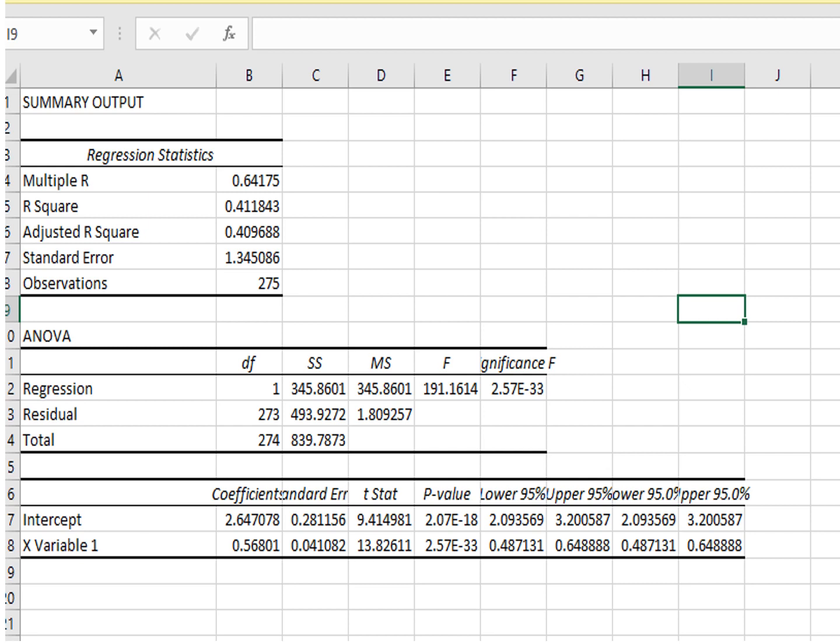Now, is this a significant relationship? Is this statistically significant? If we perform a statistical test, are they in fact really related? To do that, remember we look at the p-value for the slope. That's line 8, where it says X variable. We go over to column E, which says p-value. And the p-value is 2.57 e to the negative 33.